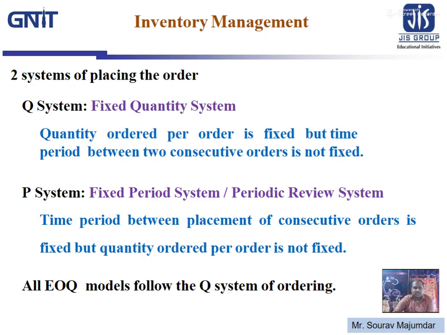Fixed quantity system means the quantity ordered per order is fixed, but the time period between two consecutive orders is not fixed. For the P system, the time between the placement of consecutive orders is fixed, but the quantity is varying.